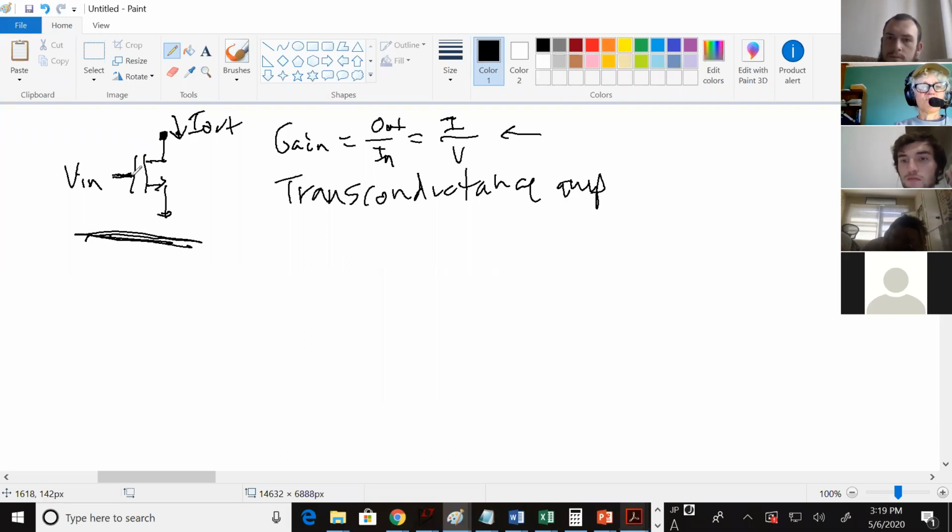And if you can't remember how to name this amplifier, find whatever the output is, which is current in this case. Find whatever the input is, that's voltage. And remember that gain is output over input. So you have current over volts, which is conductance.